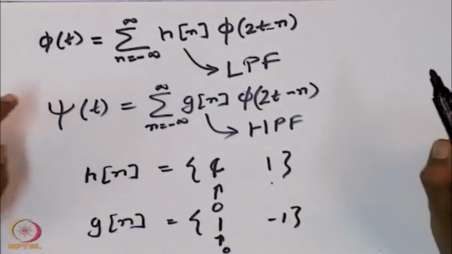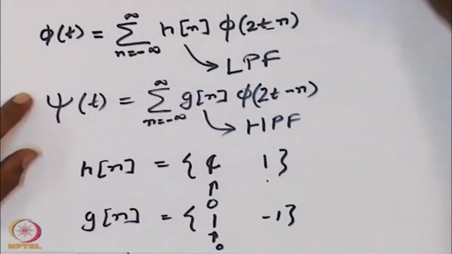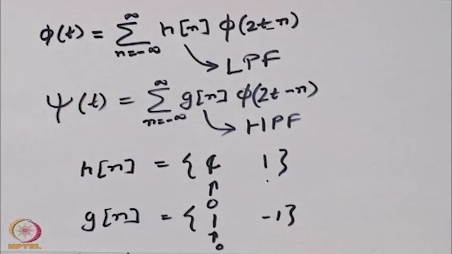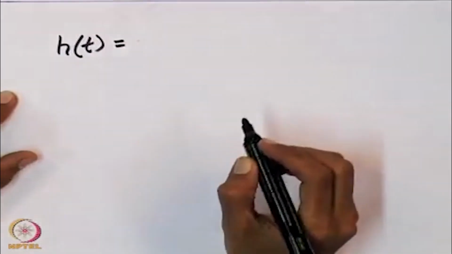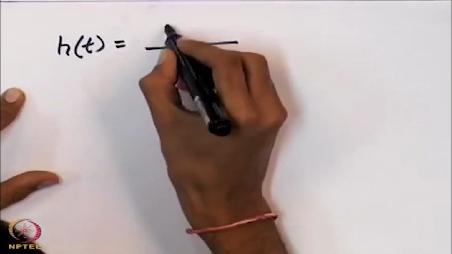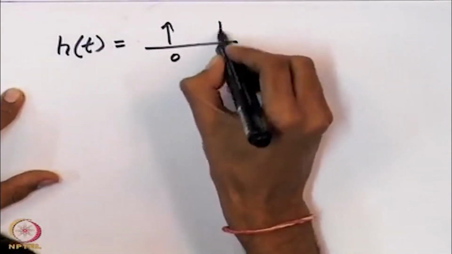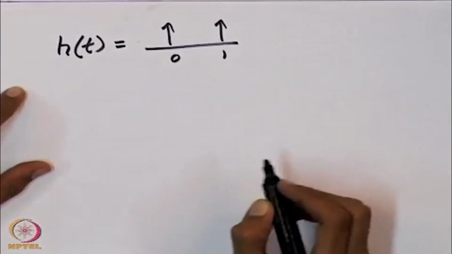We use this and we will try to generate the scaling and wavelet function. Our h of t, if we try to draw, it has two impulses at 0 and at 1.